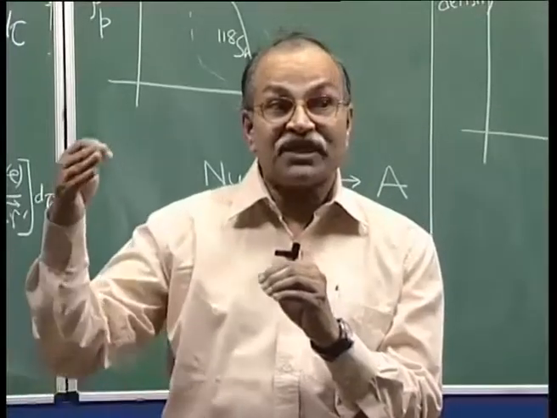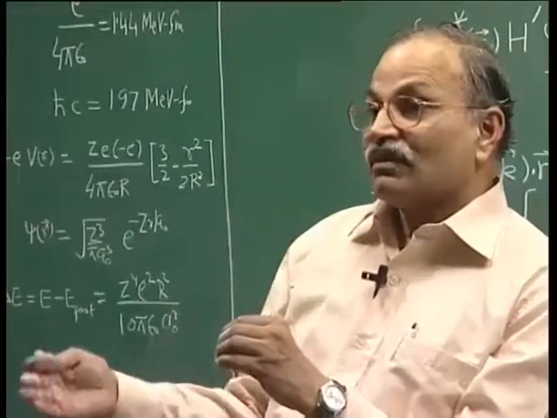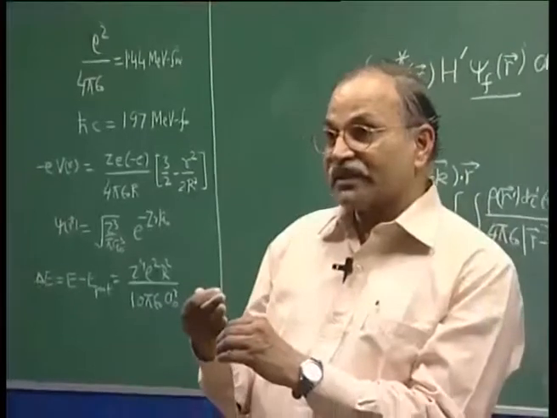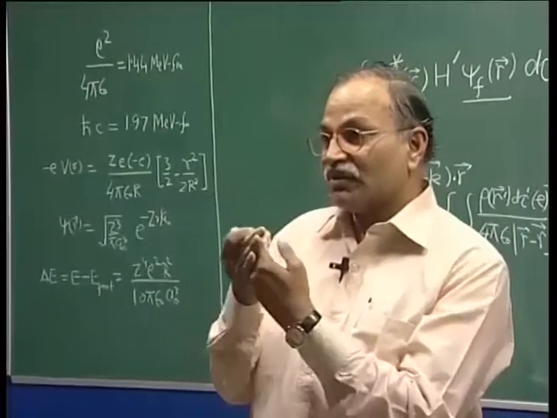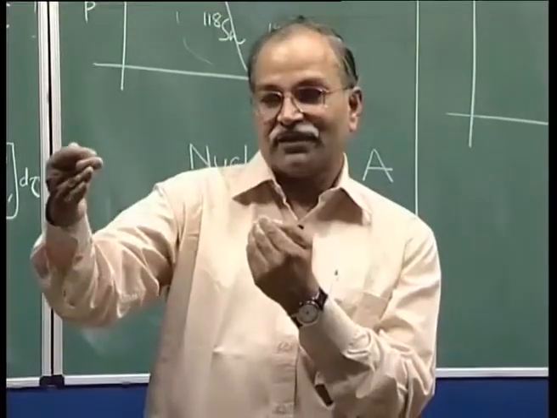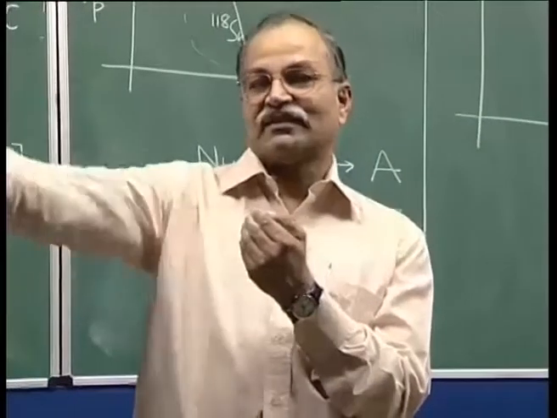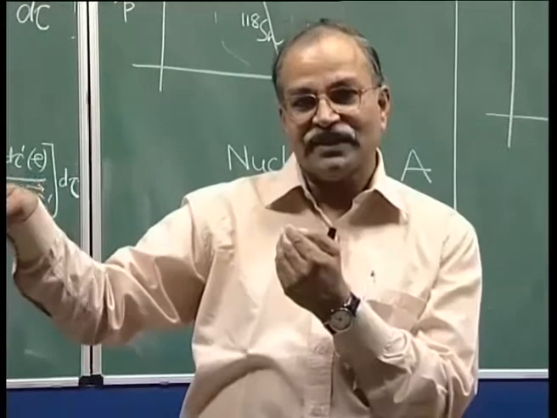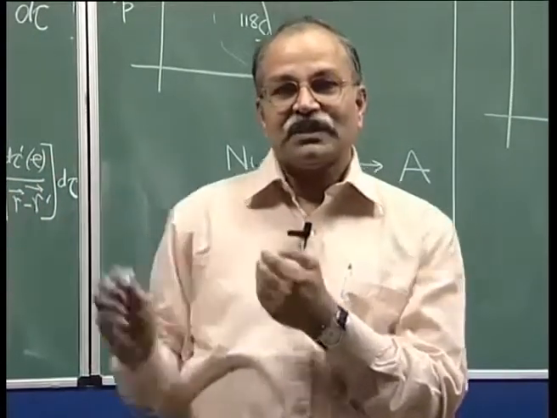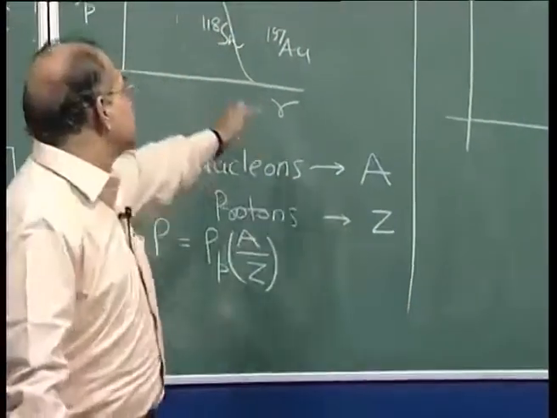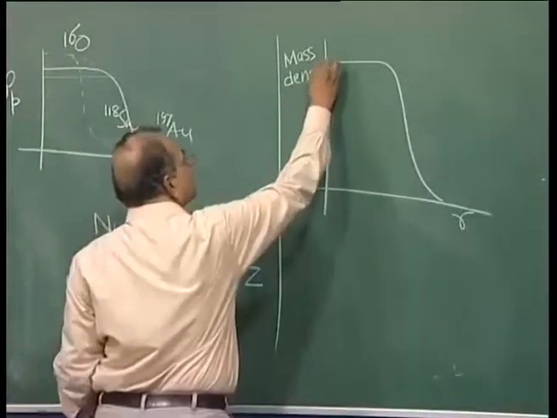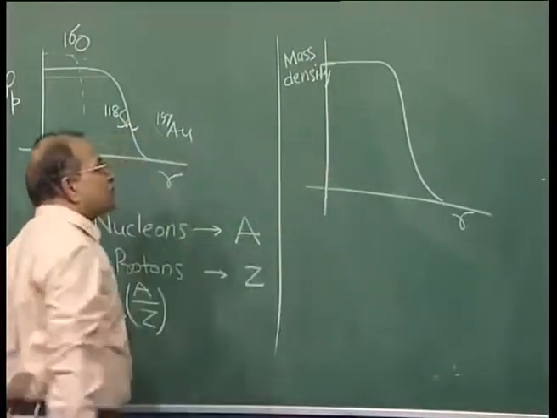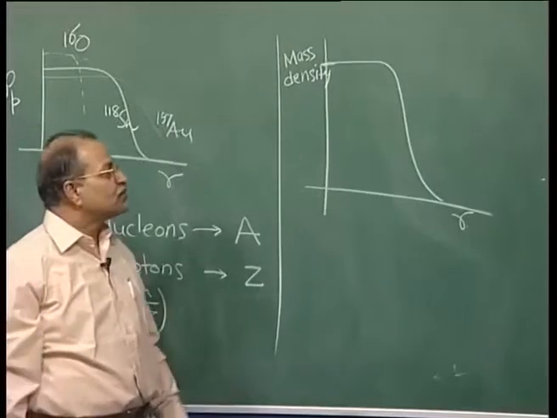That means you do not have a sharp boundary. The nucleus is a quantum system. It does not have a sharp boundary. It is not that up to here you have the nucleus and after that nothing is there. It all gradually decreases, the mass density gradually decreases and goes to 0. And this number here, rho naught, is almost the same, 0.17 nucleon per femtometer cube or so.